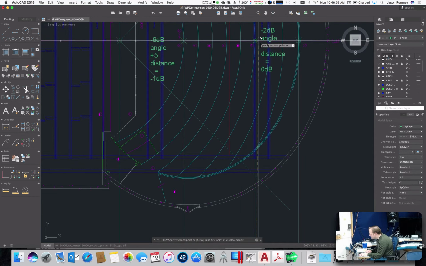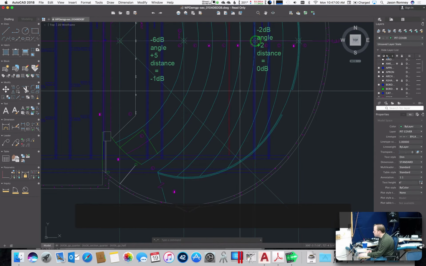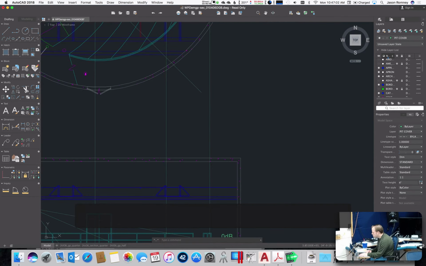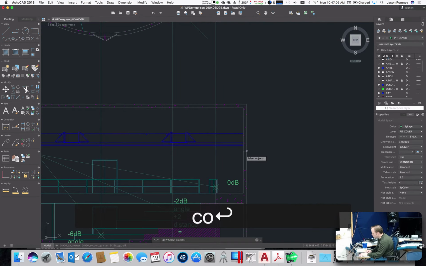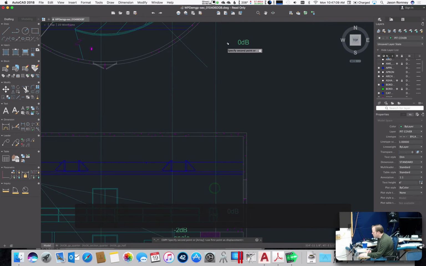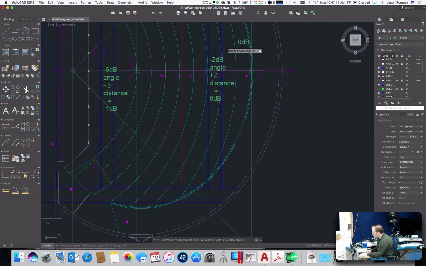I probably should have picked one row lower, shouldn't I? In the middle of it. That's all right. I'll take this one, and that'll go there. Okay, so vertically this works.